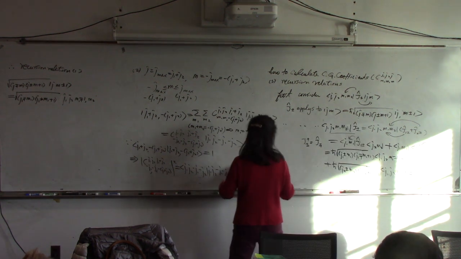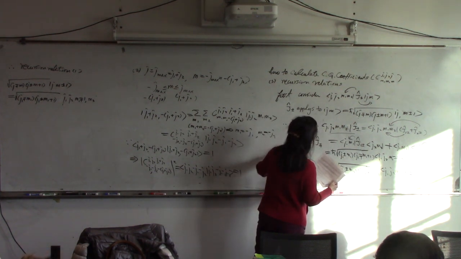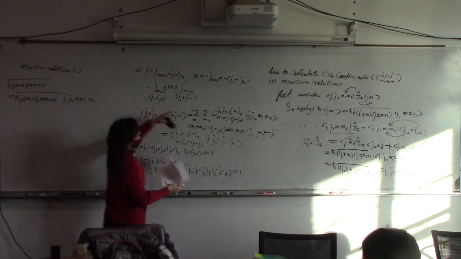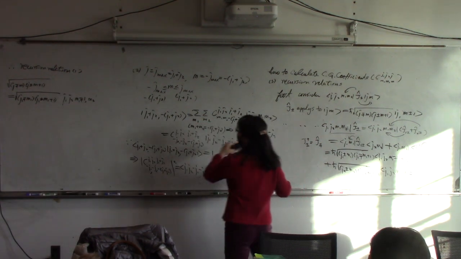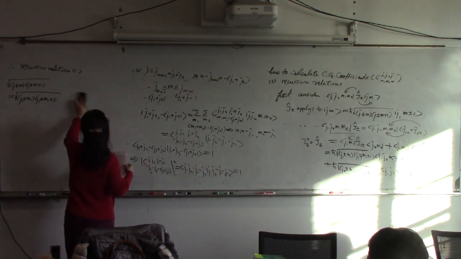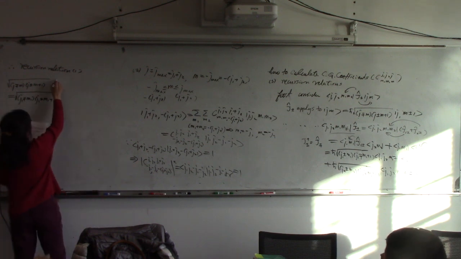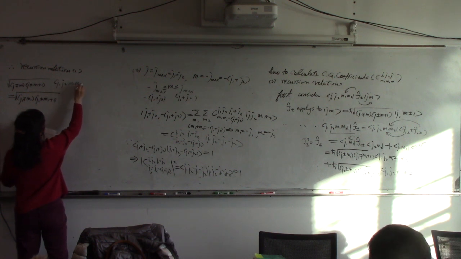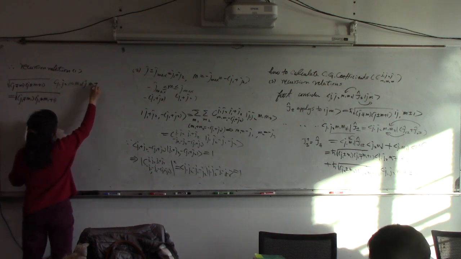So now you probably have this one. The other side is J1, J2, M1, M2, J m plus minus 1.